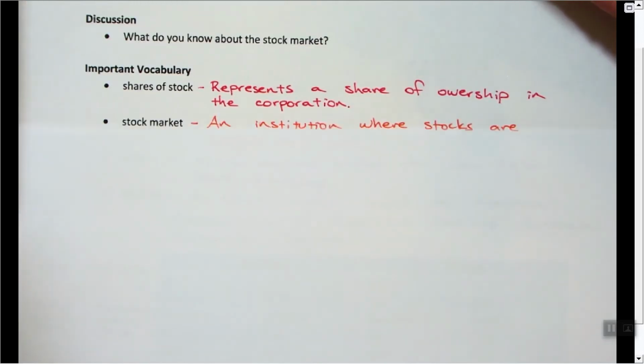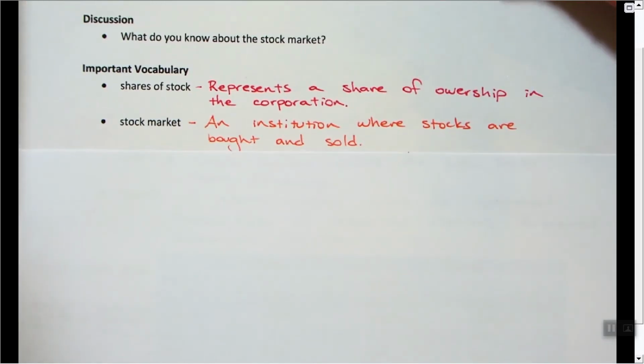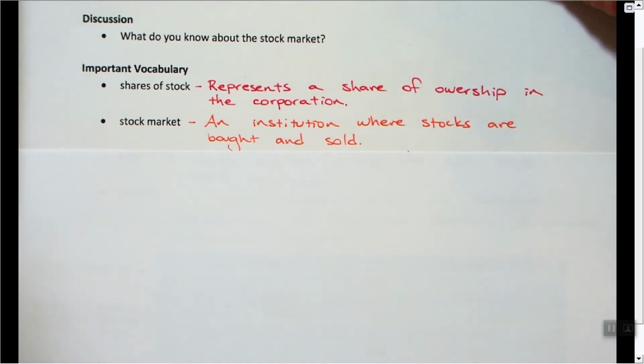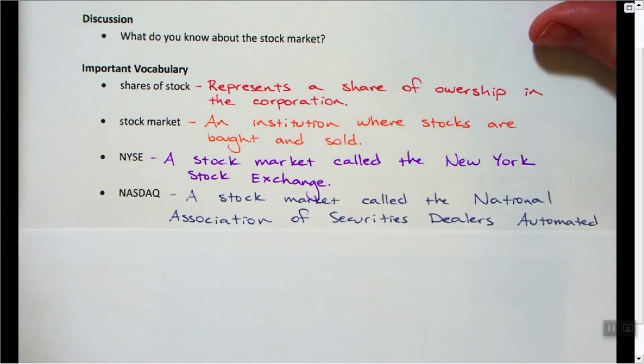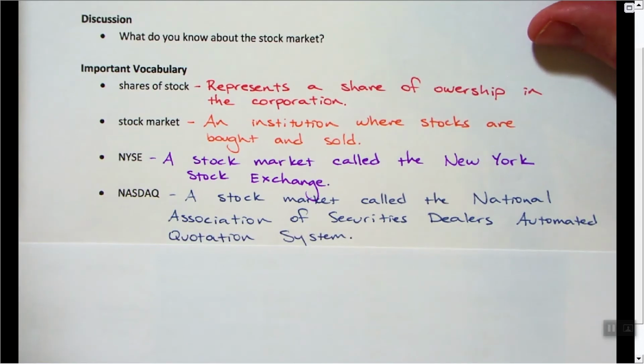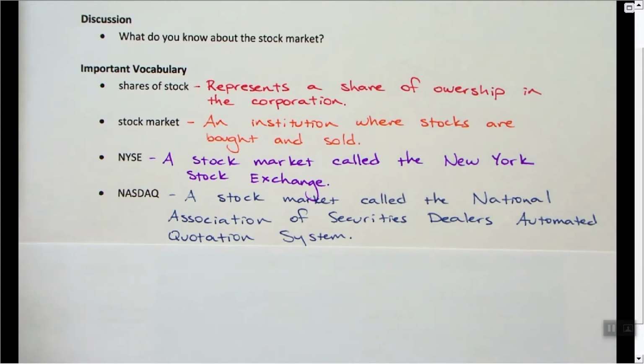So we next need to understand what a stock market is. A stock market is an institution where stocks are bought and sold. That's all it is. It's an institution where you can buy and sell different pieces of stock. Two examples are the NYSE, the New York Stock Exchange, and the NASDAQ, the National Association of Securities Dealers Automated Quotation System.